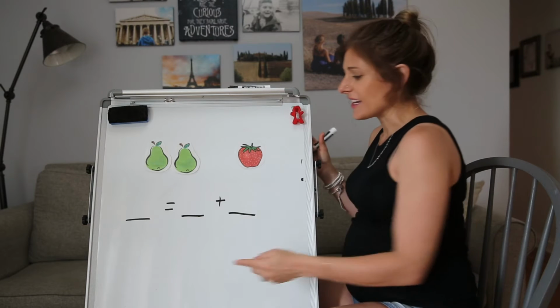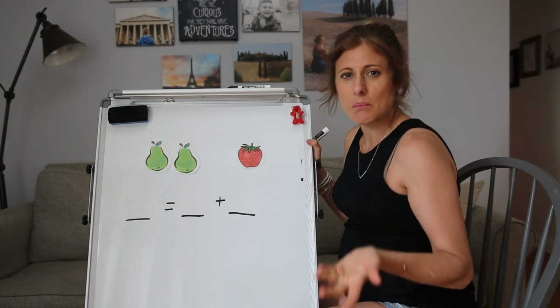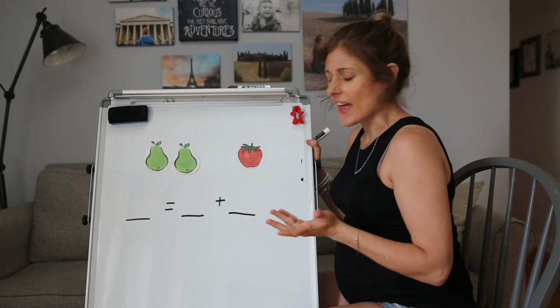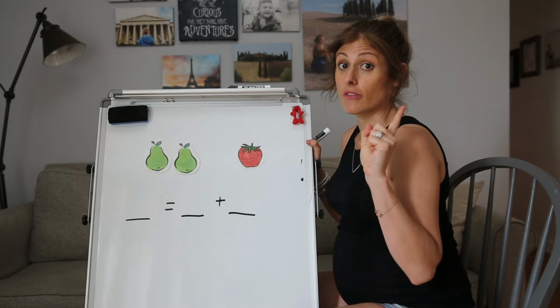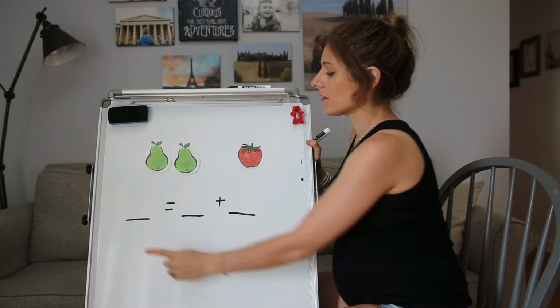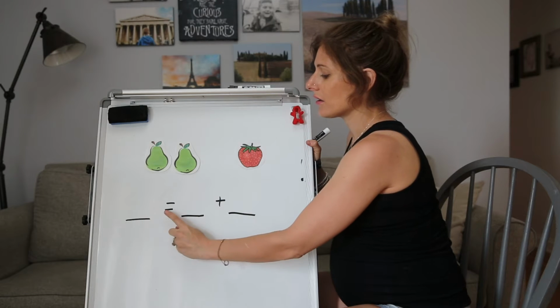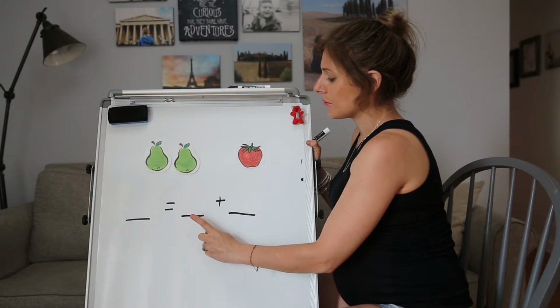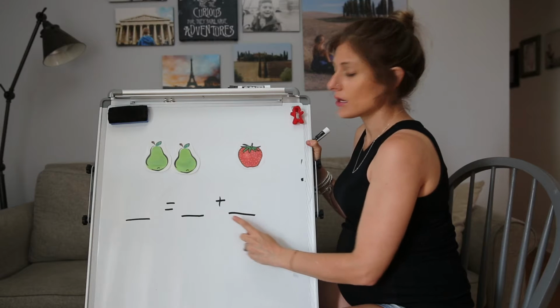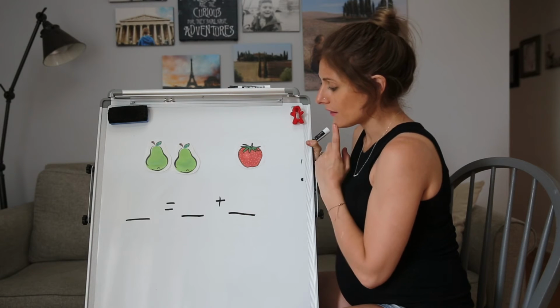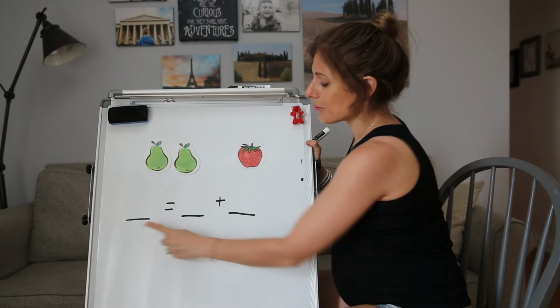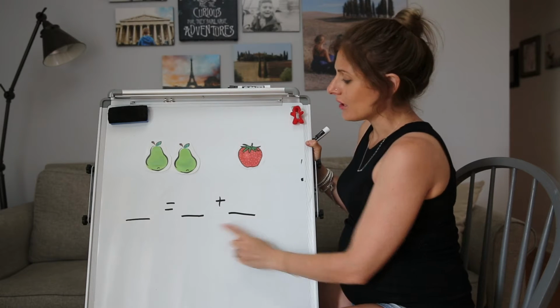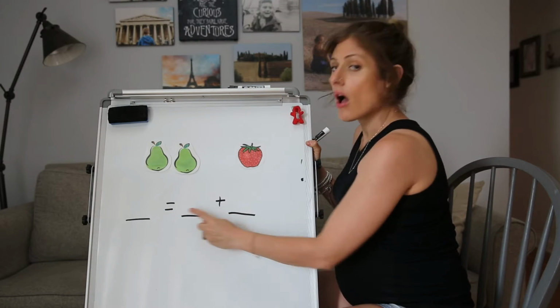So I'm going to read this number sentence that has some blanks in it. It says, and remember, we read from left to right, blank equals blank plus blank. Now, I know that the blanks are where my numbers go, but what are these?